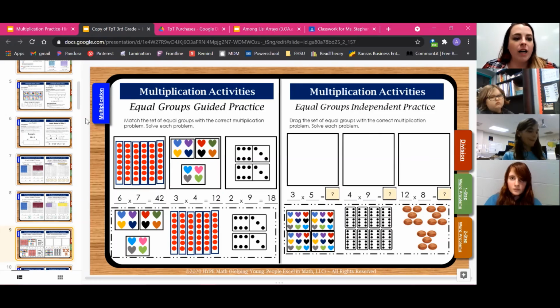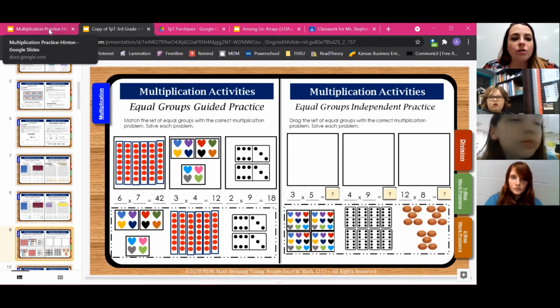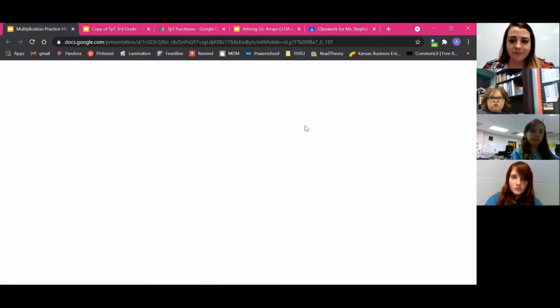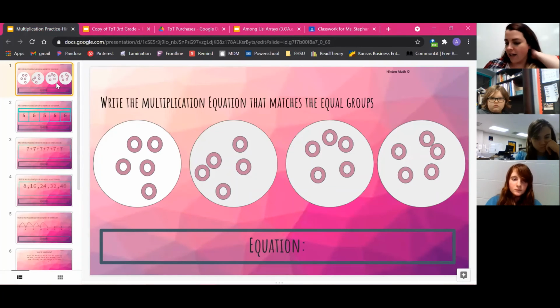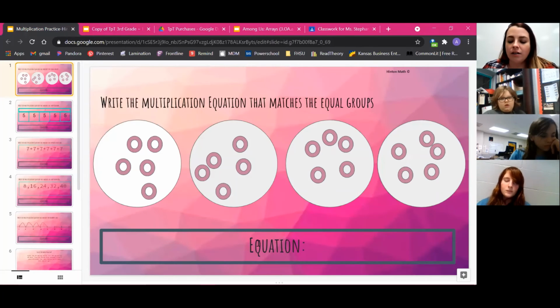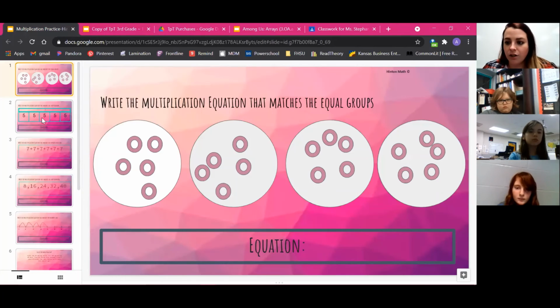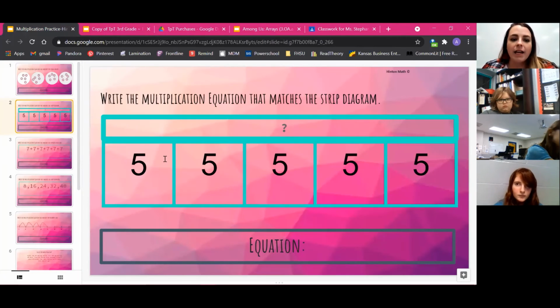No? Okay, so you're going to go through, and I have created this slideshow for you, and you are going to write the multiplication equation that matches the equal groups. And you're going to type in your equation here. And this is in Google Classroom, and you're going to do it and then turn it in. Here's a tape diagram. You're going to write the equation.